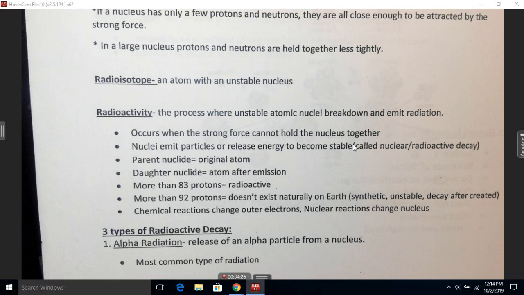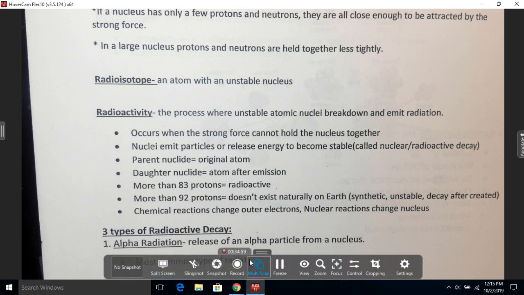Nuclear is changes in the nucleus. And if you have a chemical reaction, the change is with the electrons. Okay. So now y'all are going to finish copying your notes.